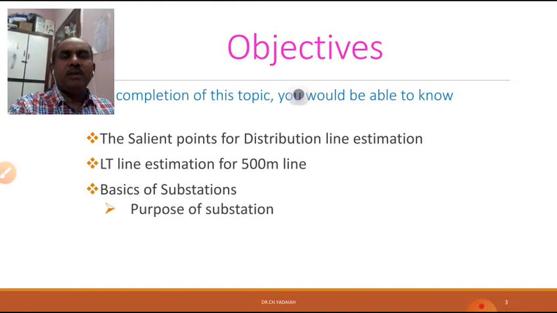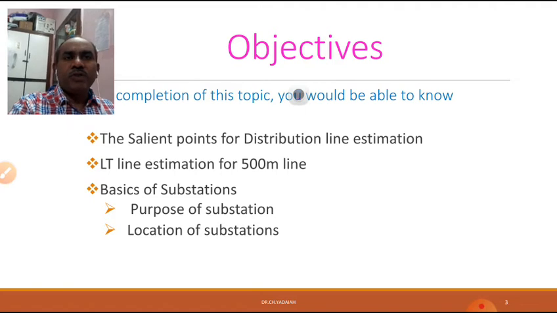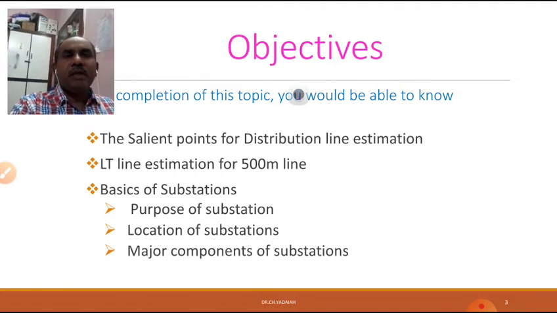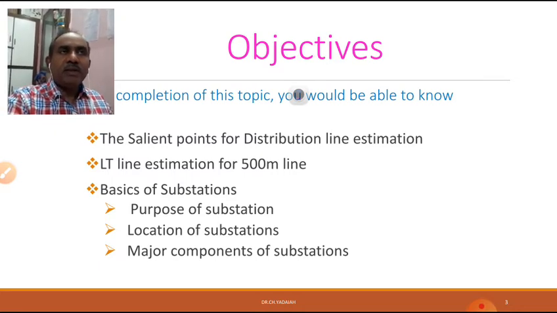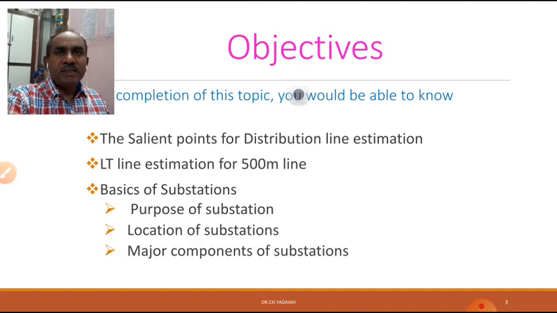In that, what is the purpose of a substation, the location of substations, and the major components in a substation, whether the substation is 765 kV, 400 kV, 220 kV, 132 kV, or a 33 by 11 kV substation, as well as our nearby 11 kV by 400 volts DTR substations.